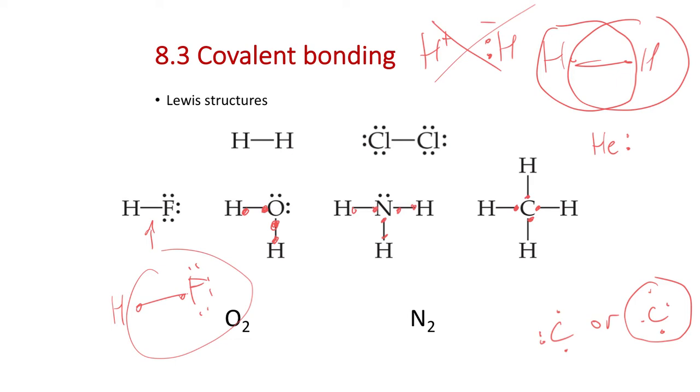So carbon, with 4 valence electrons, pairs up with 4 hydrogens. All of these molecules have a different number of hydrogens because they each have a different ability to pair up with hydrogen. So fluorine just 1, water 2, ammonia 3, methane 4.